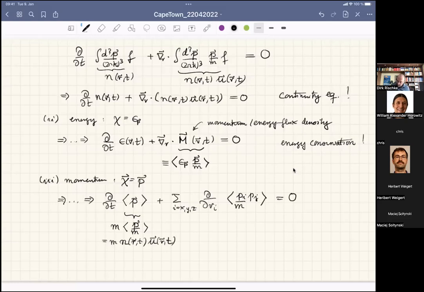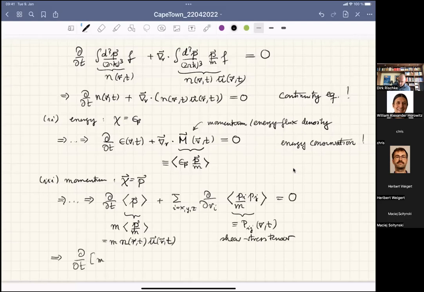In this guy here, I call this a new quantity, capital Pij, the shear stress tensor, including the equilibrium part, so not only the non-equilibrium part. And you get, of course, momentum conservation from this.